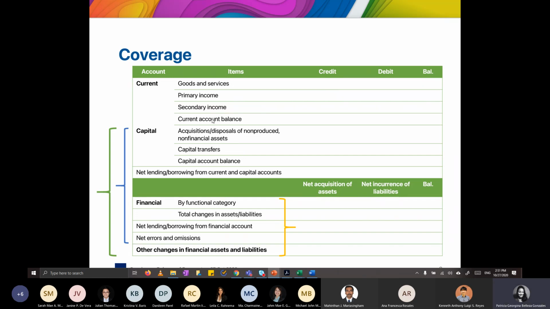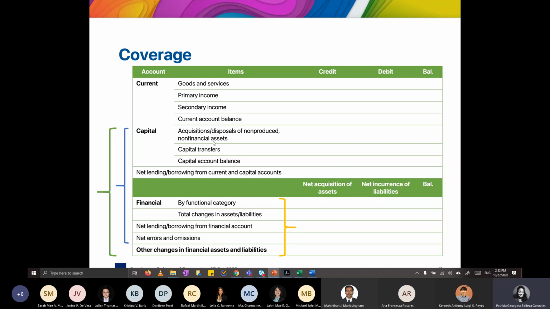So the accumulation accounts, on the other hand, include capital accounts, financial accounts, and other changes in financial assets and liabilities. So if the current accounts have to do with goods and services and incomes, this has to do with assets in general. So the assets that feed into the production and income that are recorded or captured in the current accounts.